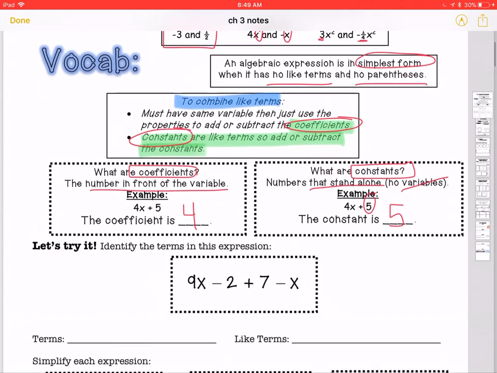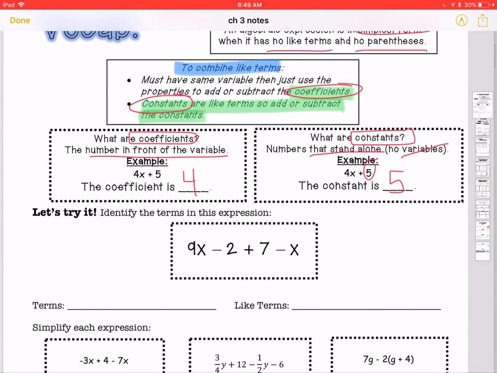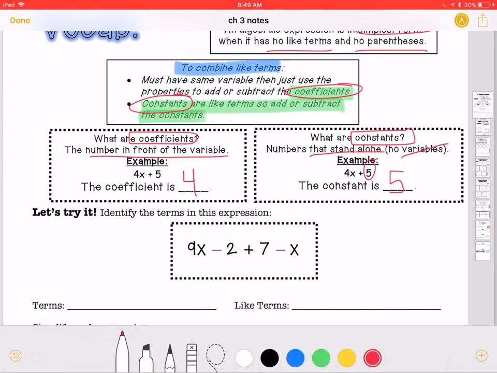So let's try it. Identify the terms in the expression, and then we're going to identify which of those terms are like terms. So first of all, I just want to know all of the terms in the expression. So terms is every part of the expression is a term. So what I like to do is maybe kind of box and underline those terms.